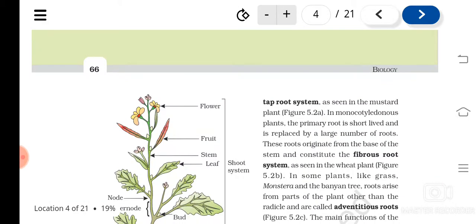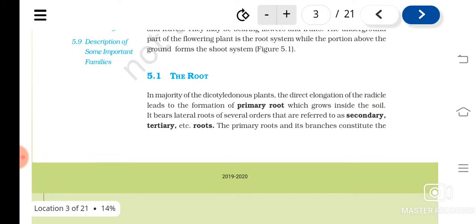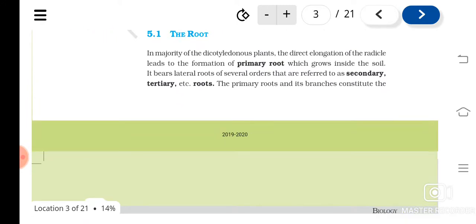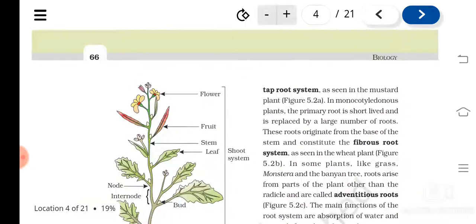The root system can be divided into different types. What are they? Tap root system is found in dicot plants. There will be a primary root, and then a number of secondary or tertiary roots originating from this primary root.